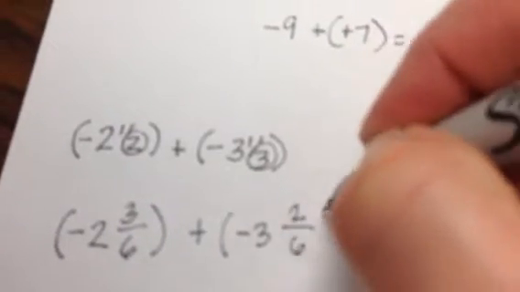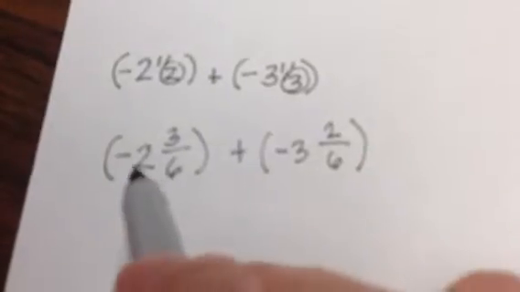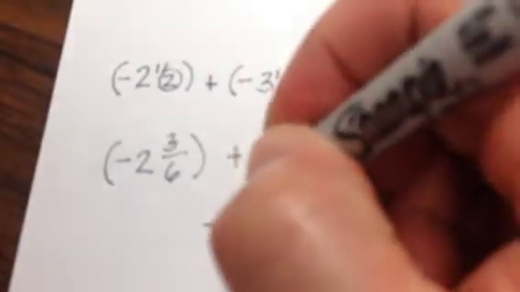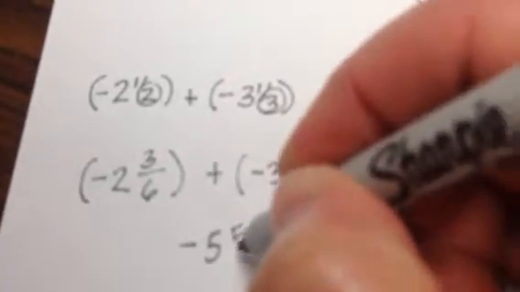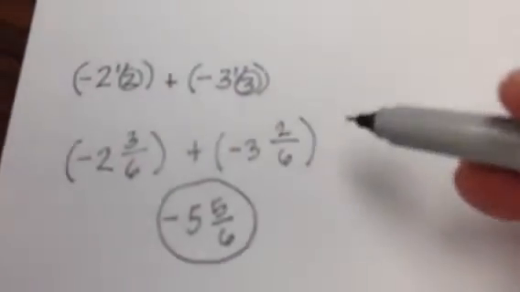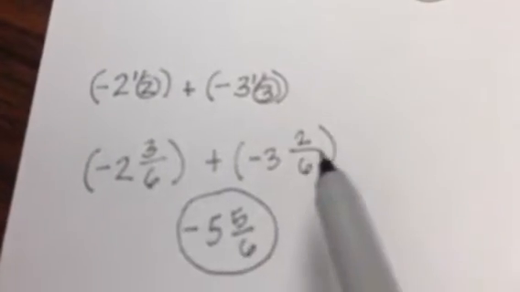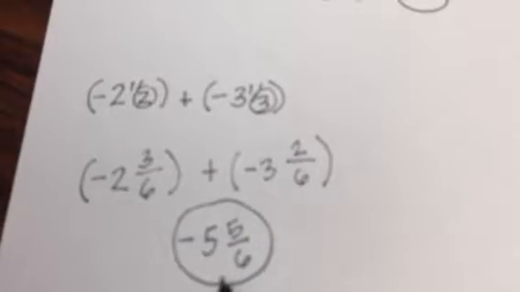So it's 2/6. Now I can add them together. What do I have? I have negative 5 and what? 5/6. Okay? So we still have to follow the rules of the common denominator and in addition follow the rules of the negative and positive signs. This just happened to be 2 negatives, so our answer is negative.